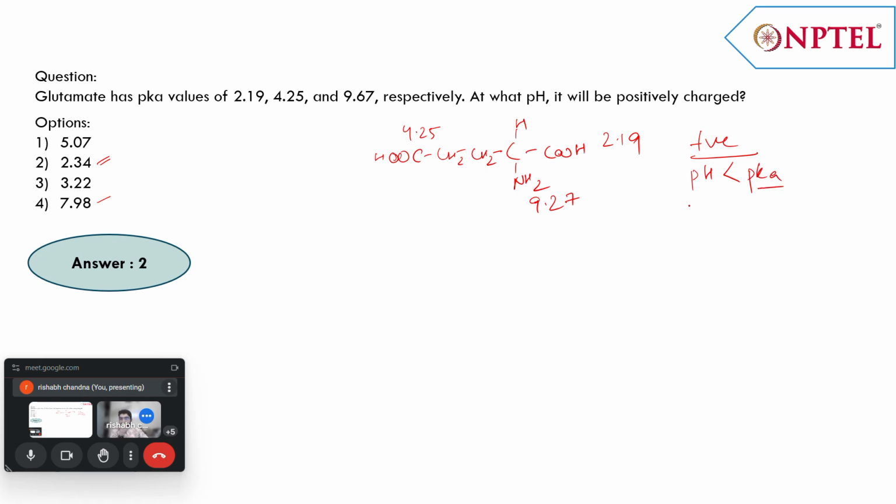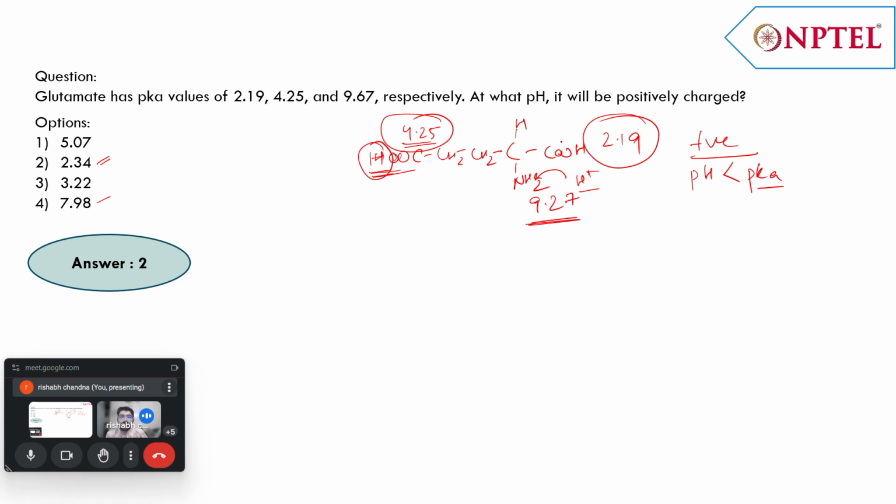So, if we consider this particular pK value, if the pH is less than this pK value, then H plus would be confined to this position. It will not be lost. Similar to this particular thing. But in this scenario, if the pH is less than the pK value, then it would gain a hydrogen ion.